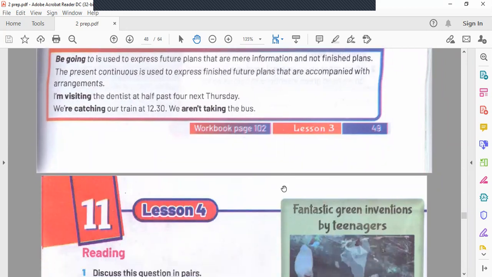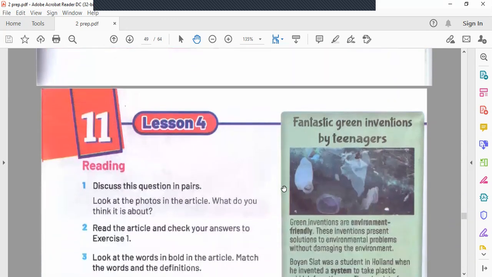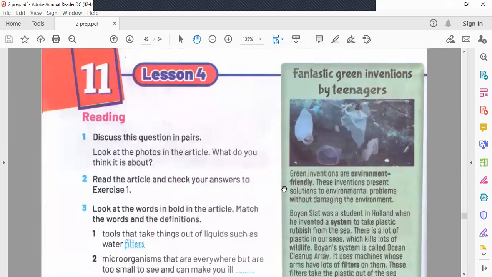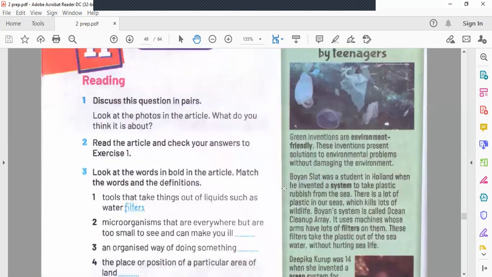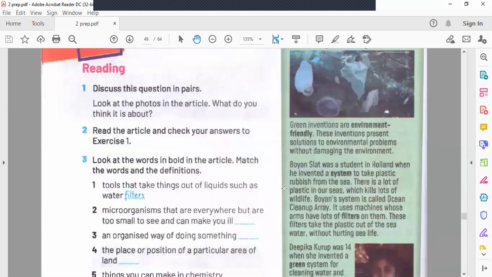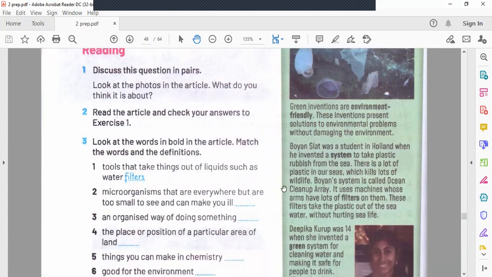Shifting to the next part, let's read this text entitled Fantastic Green Inventions by Teenagers. Green inventions are environment friendly. These inventions present solutions to environmental problems without damaging the environment.